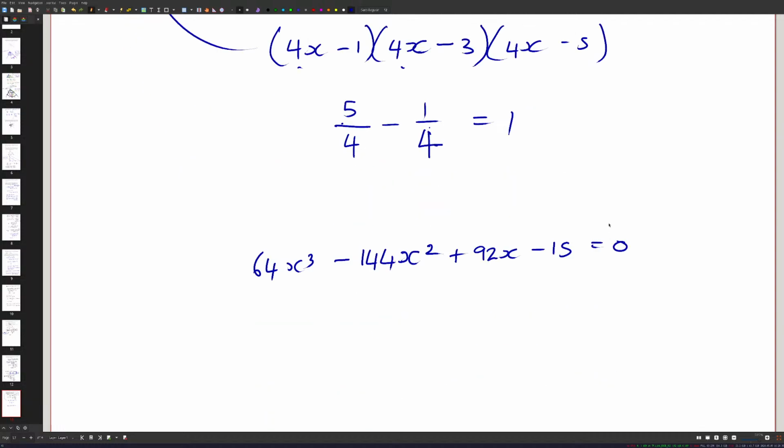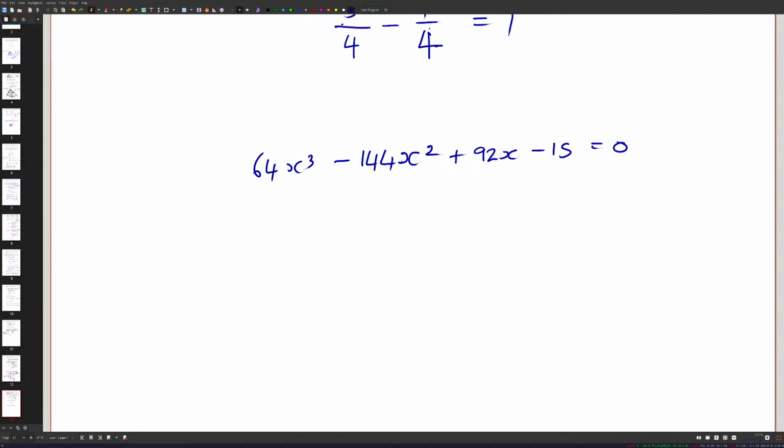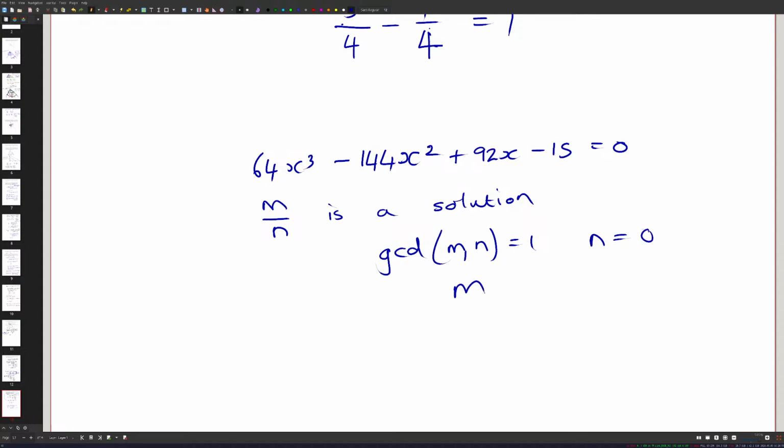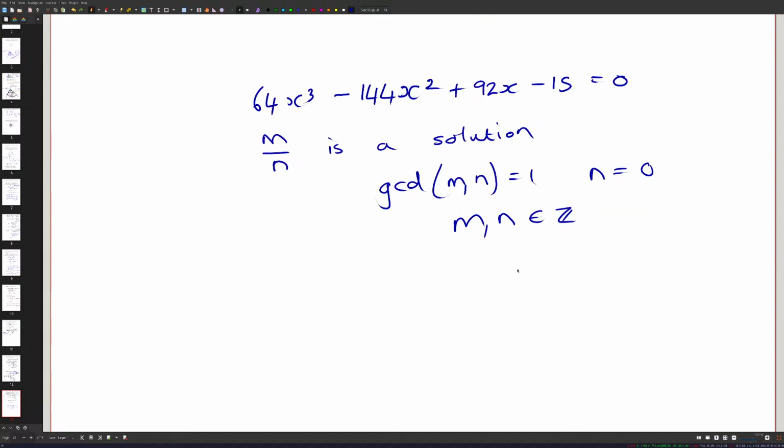And let's say we want a rational root of this thing. Let's say that we know m over n is a solution, where m and n are integers, n is not equal to 0, and the GCD is 1. This is a rational number in its simplest form.